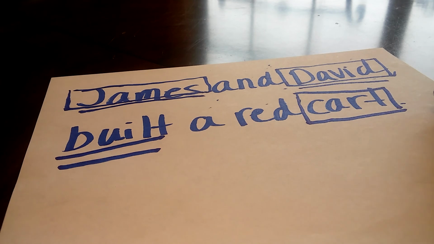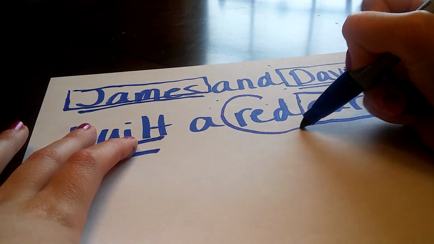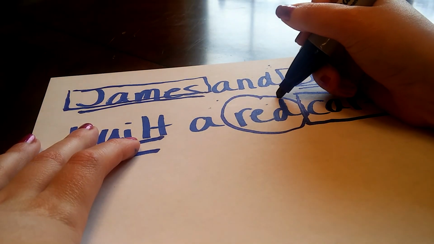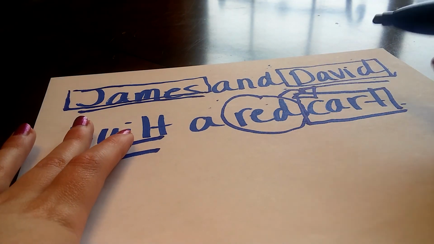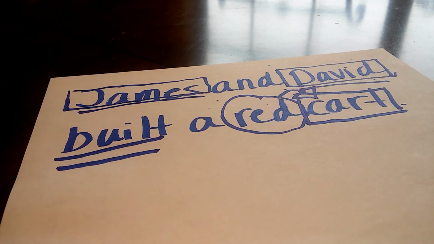So let's look at cart. What kind of cart? A red cart. So we're going to circle red. That's our adjective that tells about cart. And then we're going to draw an arrow pointing back at cart. What kind of cart? A red cart. Okay, then we're going to go ahead and move on to our adverb.